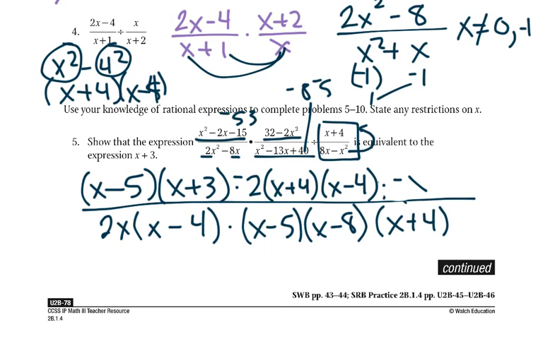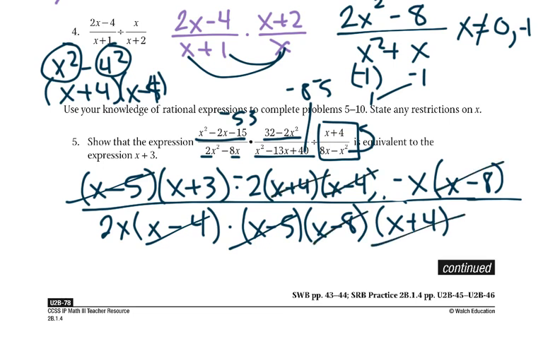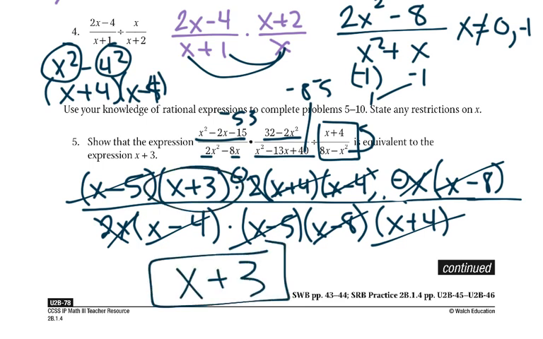So times a negative x, and we'd have a positive x minus 8. So x minus 5 cancels, x minus 4 cancels, x minus 8 cancels, x plus 4 cancels, 2 cancels, x cancels, negative times a negative becomes a positive, all that's left over is x plus 3. And that's how it all gets eliminated.